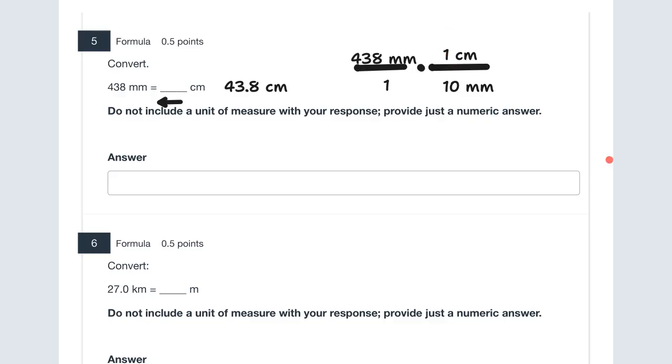And you can see here, dimensional analysis, if I'm canceling the millimeters, dividing by 10 is the same as moving the decimal point 1 spot to the left. So this will still get us to 43.8 centimeters.